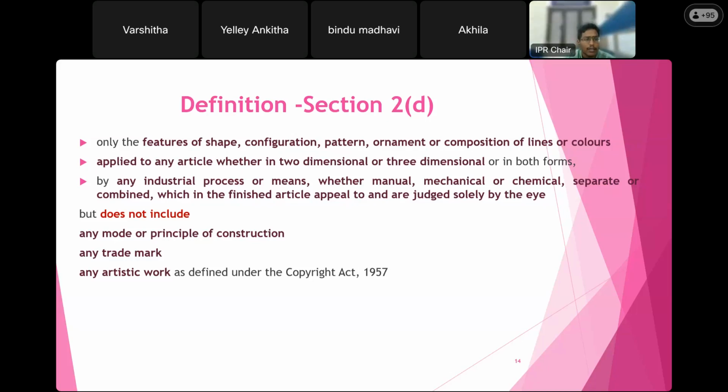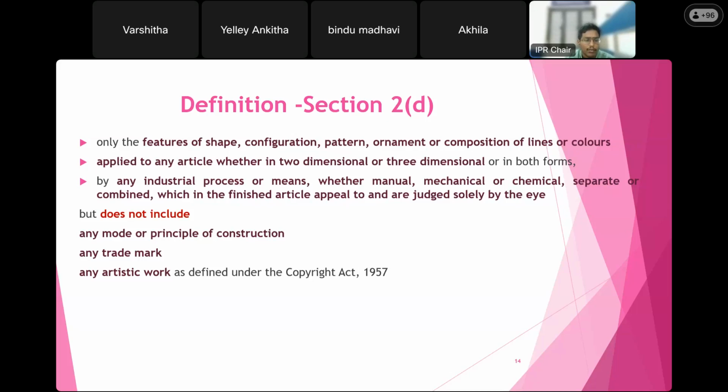But it does not include any mode or principle of construction. That means any functionality features are not going to be protected. Any trademark is also not protected. Any artistic work as defined under the Copyright Act 1957 is also excluded. We will discuss copyright in further classes.